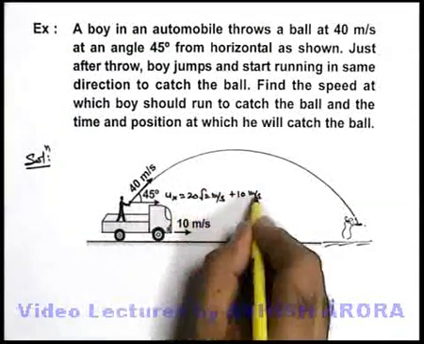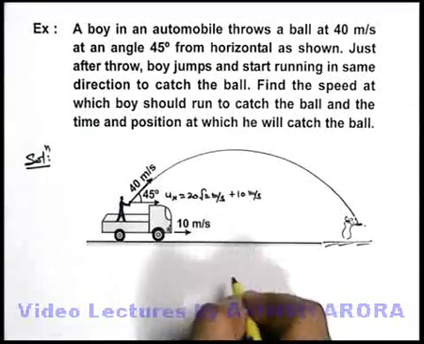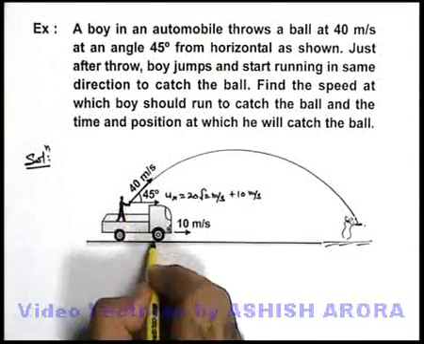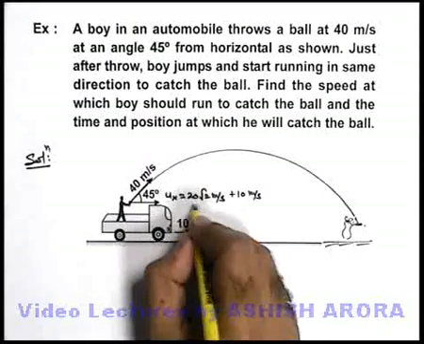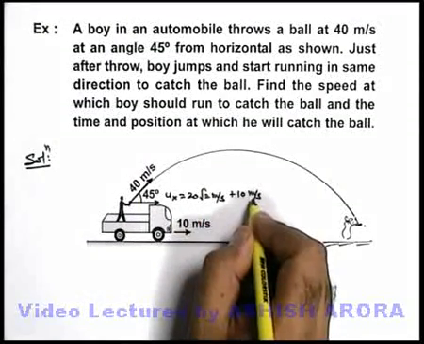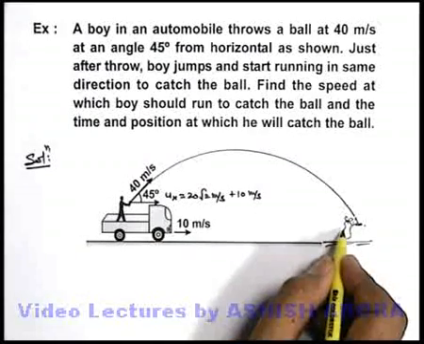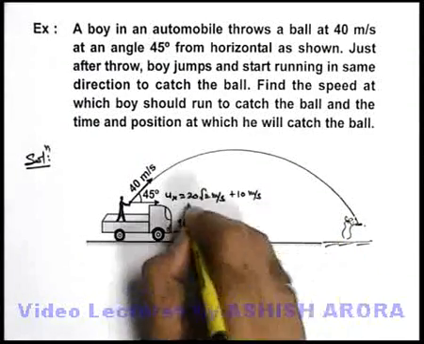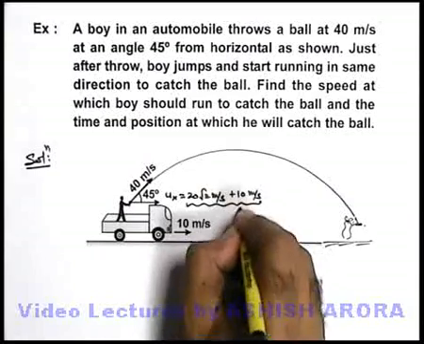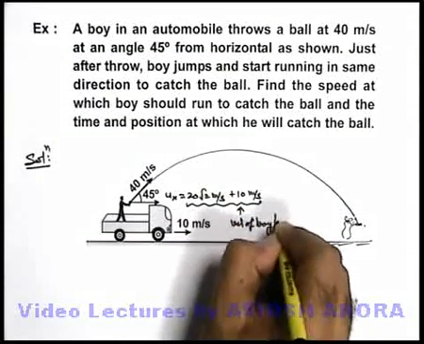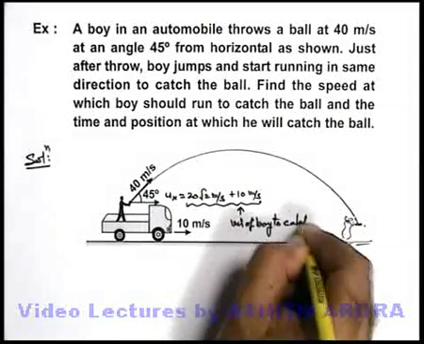This is the net horizontal velocity of the ball with respect to the ground. So when the boy jumps off, to catch the ball he has to move with the same speed, so that the horizontal distance covered by the ball and the boy is the same at the same time. This is the velocity of the boy to catch the ball.